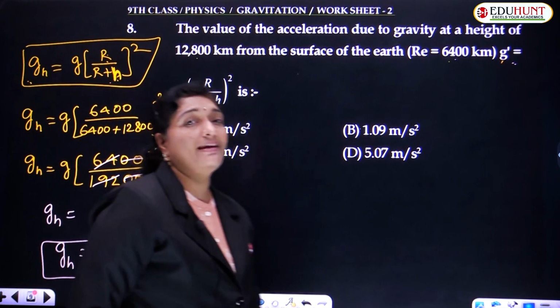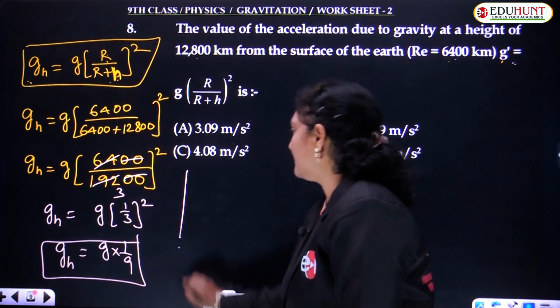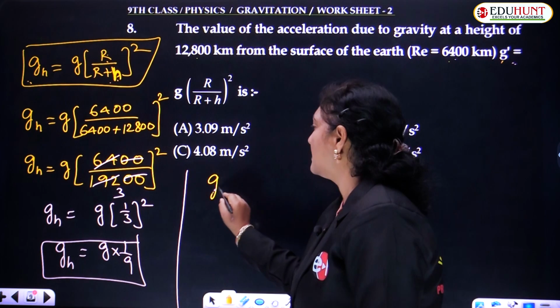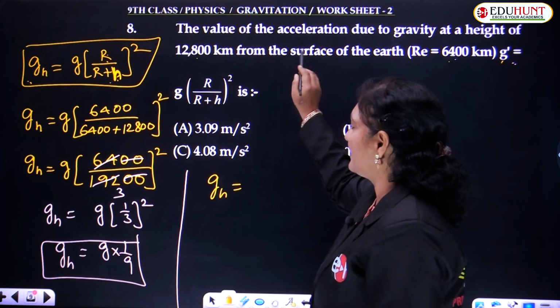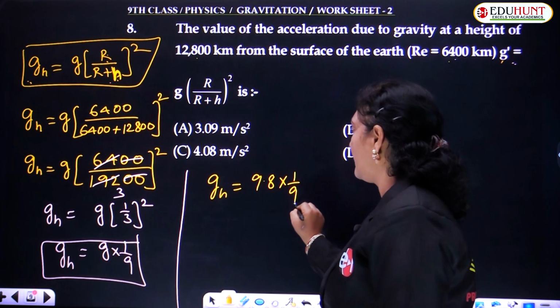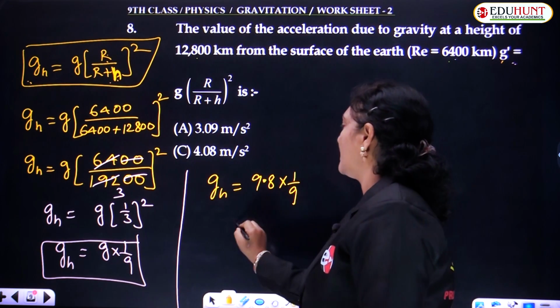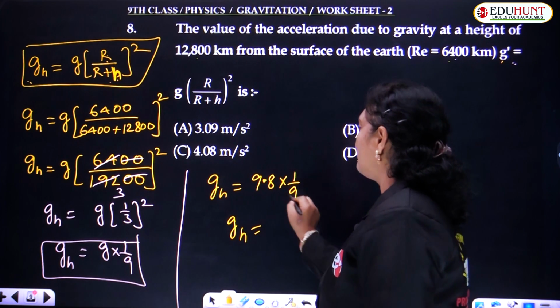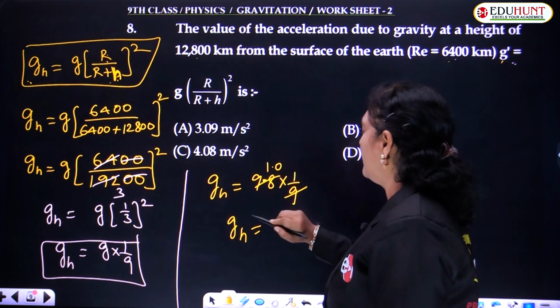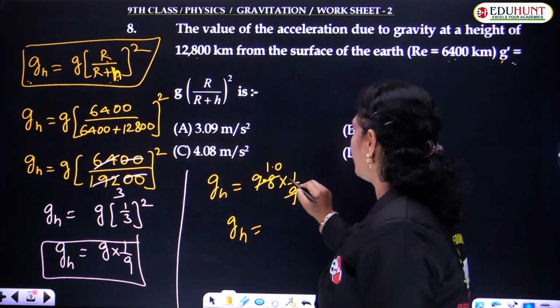But do you remember the value of g? The value of g is nothing but the acceleration due to gravity. Its value is taken as 9.8. Hence, acceleration due to gravity at that height is 9.8 times 1 by 9. Proper simplification will give you 9.8 by 9. How much will it be? 1.0 and 9 8s are 72.